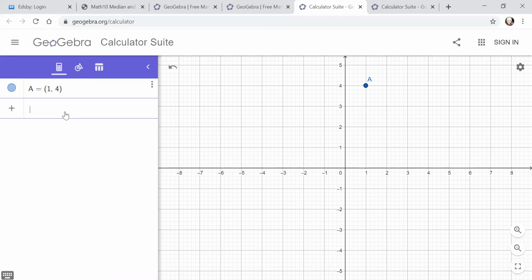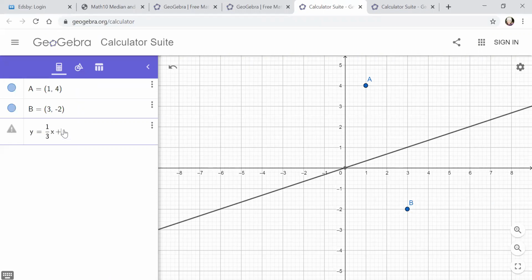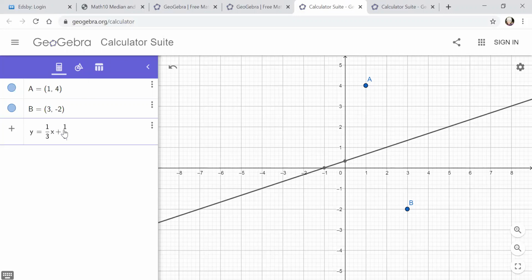I had 1, 4, and I had 3, -2. And then we came up with the equation y equals 1/3 x plus 1/3. Oh, we also had the midpoint. What was our midpoint? 2, 1.